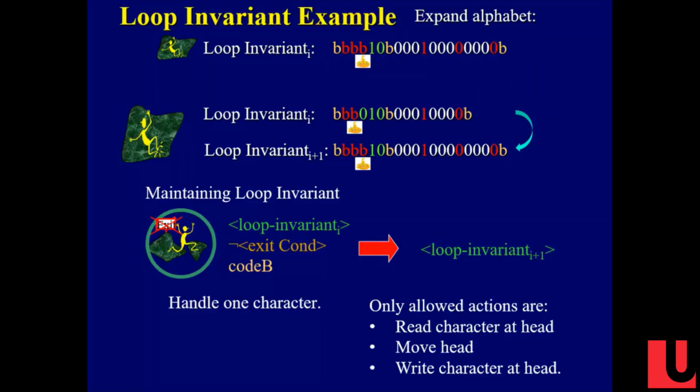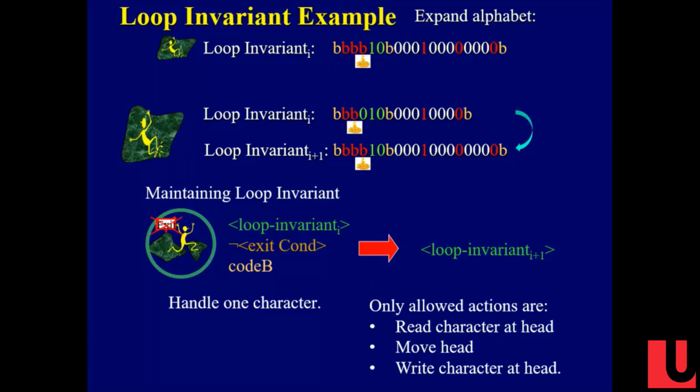So the way we're going to remember it is we're going to blank out the things we've done already. So here in the loop invariant, if i is 2, we've blanked out the first 2 inputs. Those 2 red B's are things that have been blanked out. And where's our head?